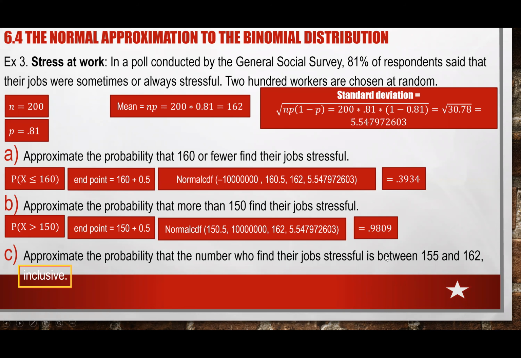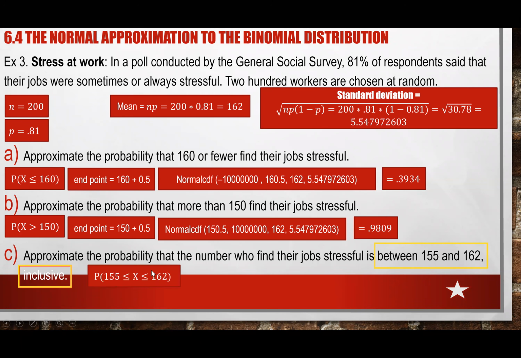They asked you to approximate the probability between whatever the two numbers they give you last time, but now they tell you that it's inclusive, right? Last time they told you that it is exclusive. Exclusive meaning we do not include the endpoint. Inclusive meaning we unfortunately have to include the endpoint.